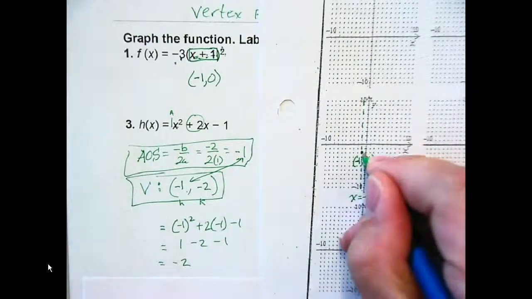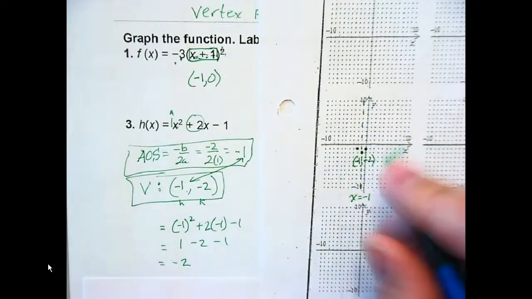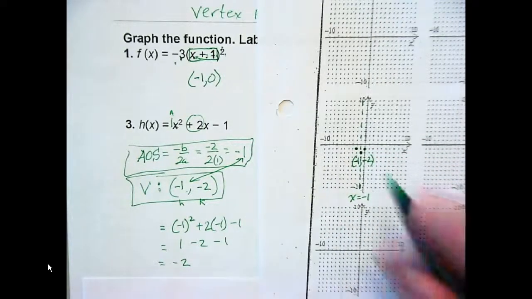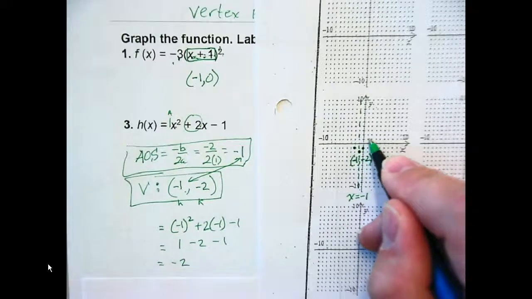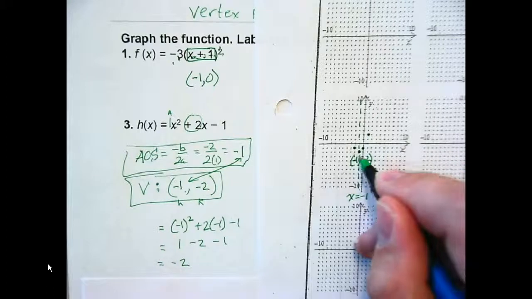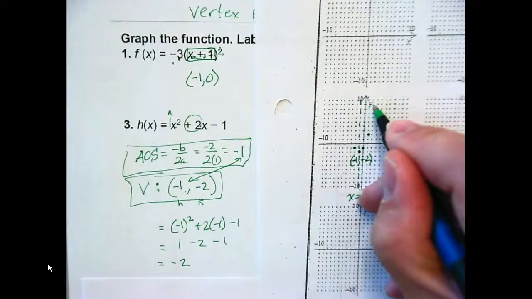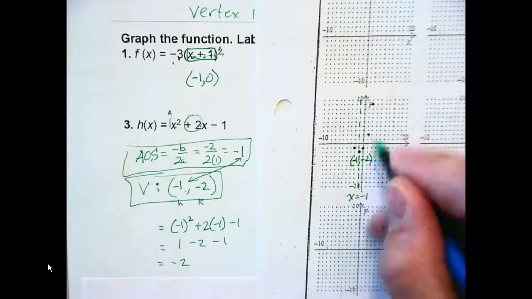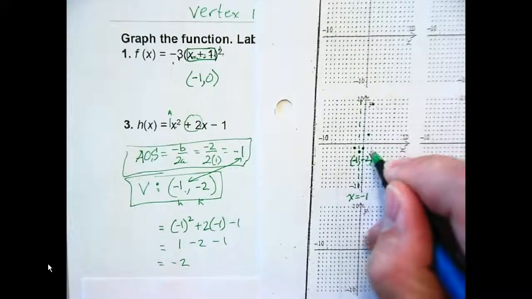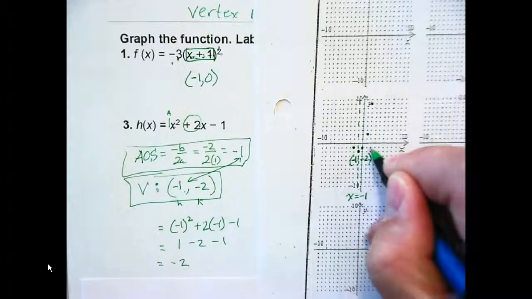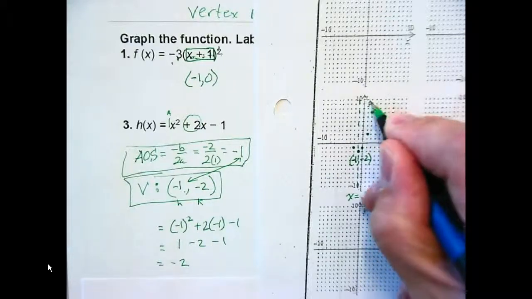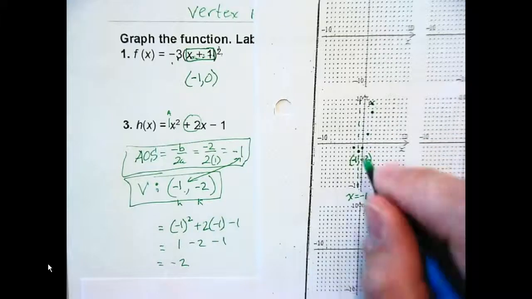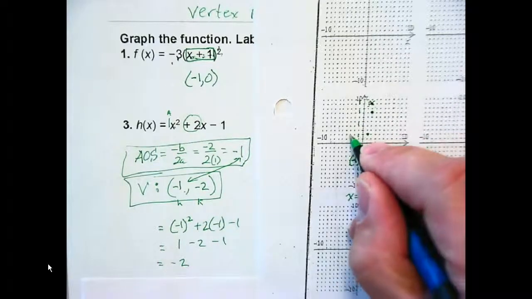So that means I'll go over 1 and up 1. In fact, this is a standard parabola, meaning if I go over 2, I'm going to go up 4. I go over 3, I'm going to go up 9. It's standard. Oops, I put that in the wrong spot. Unbelievable. 1, 2, 3, 4, 5, 6, 7, 8, 9. That is not accurate. Okay? Tell your neighbor why this is a standard parabola.